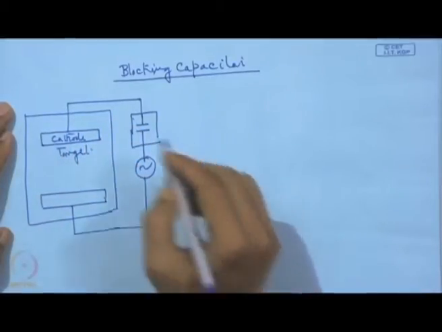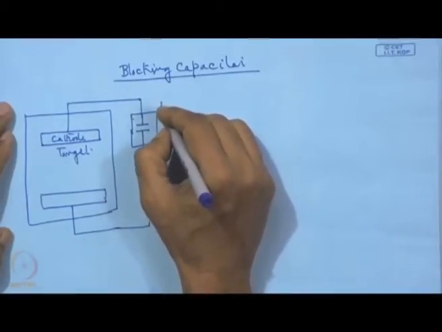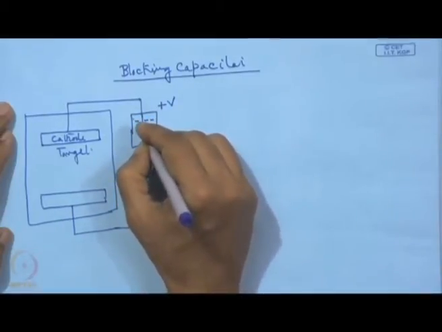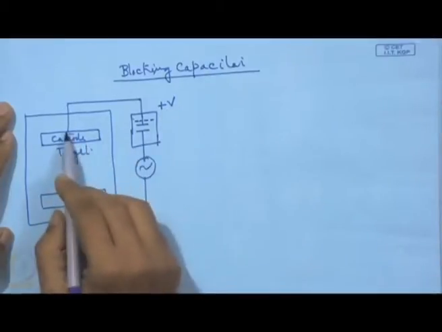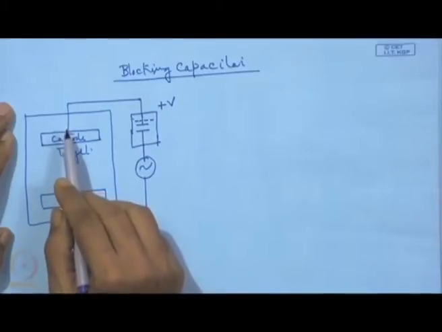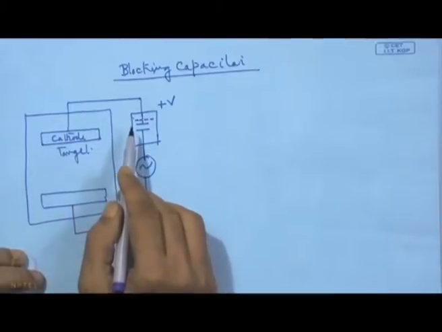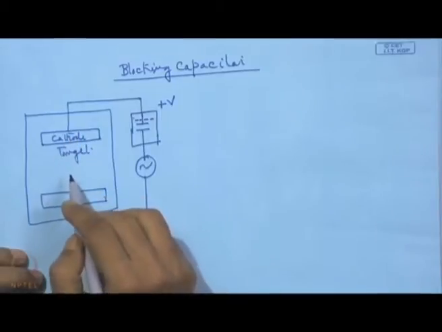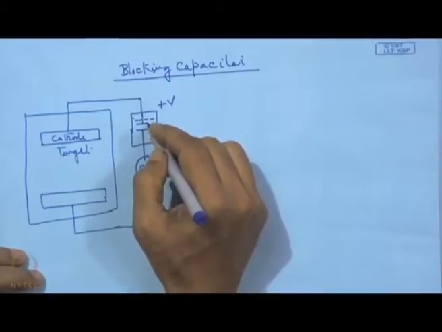When it is plus V, we have here accumulation of negative charge. The reason is that when it is positively polarized, it will draw huge amount of electron in comparison to the ion in the next half cycle, and as a result this upper plate of this capacitor will be negatively charged.